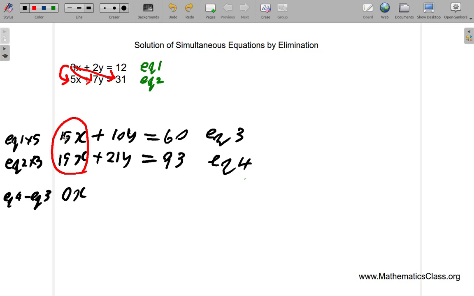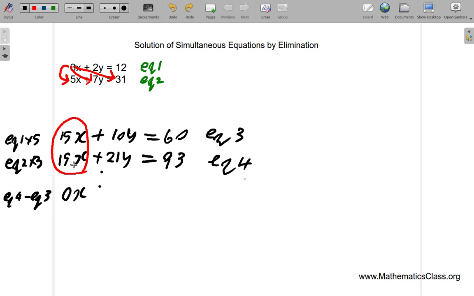We could have said equation 3 minus equation 4, but we would end up with some negative numbers. And with the negatives, you might make some mistake along the way with the negative signs. Let's just keep positive signs by saying the bigger numbers down the bottom here minus the smaller numbers up here.